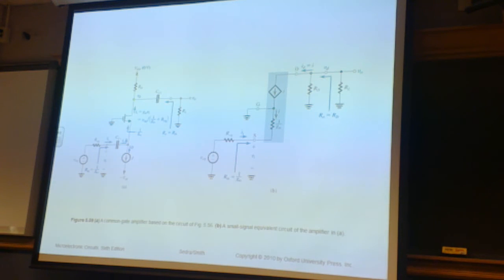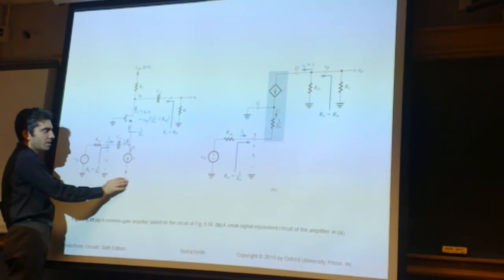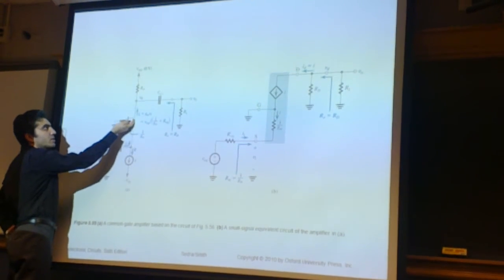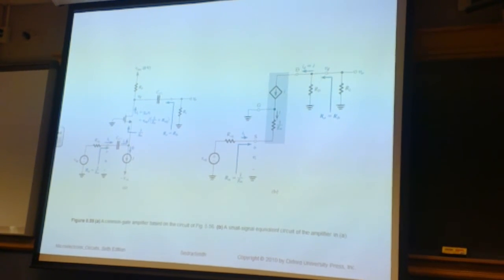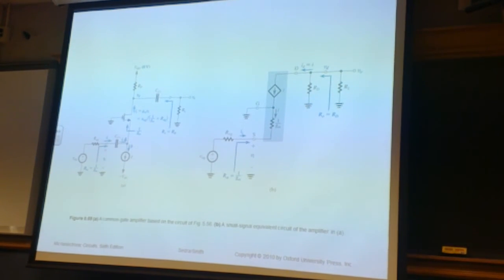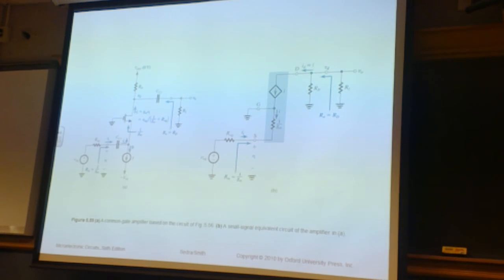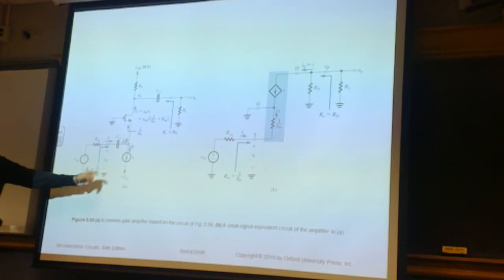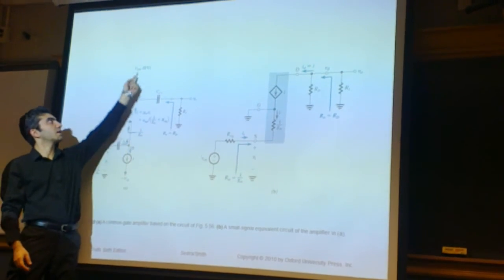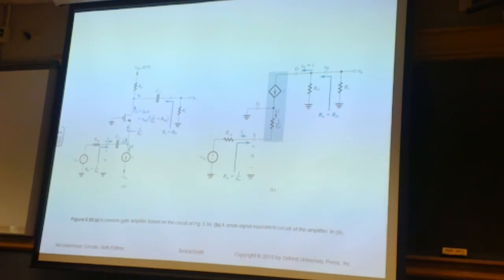In a PMOS, this is gonna be the positive power supply, this goes in, and that's gonna be the negative power supply. You still connect to the source and take your output from the drain. But everything is flipped: current goes in positive, and that becomes negative, but everything else stays the same.